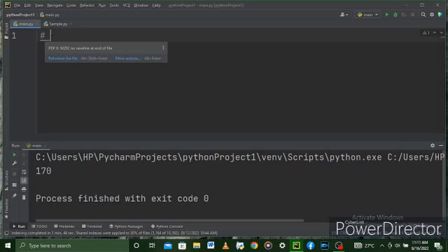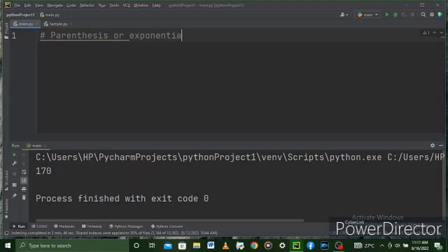Okay, so the first thing to do is to consider the parentheses or the exponentiation. The next one you're to look at is the division.